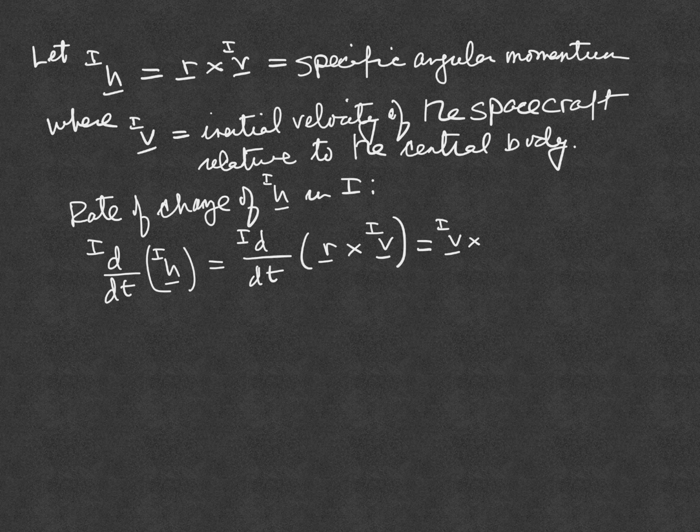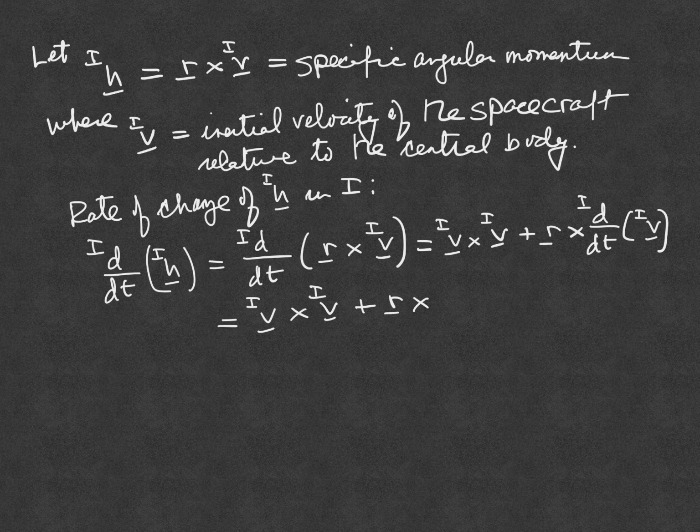So we get VI crossed with VI, plus we get r crossed with, well, the derivative in I of VI. But the rate of change in I of VI is the acceleration in I. So this is equal to VI crossed with VI plus r crossed with AI. Well, VI crossed with VI is 0.